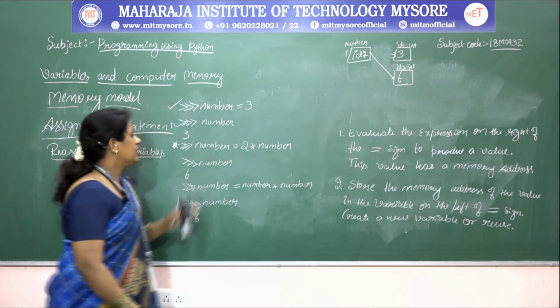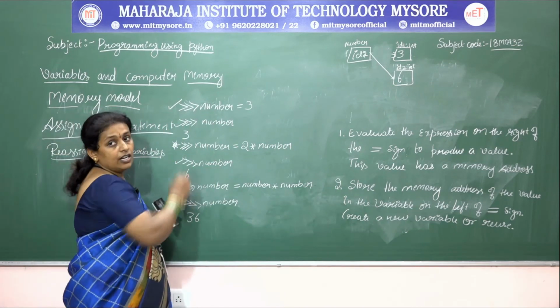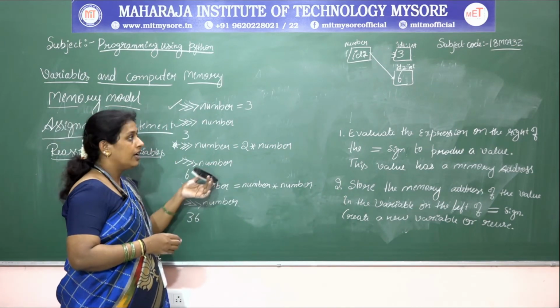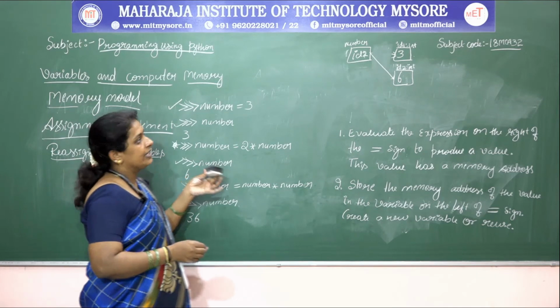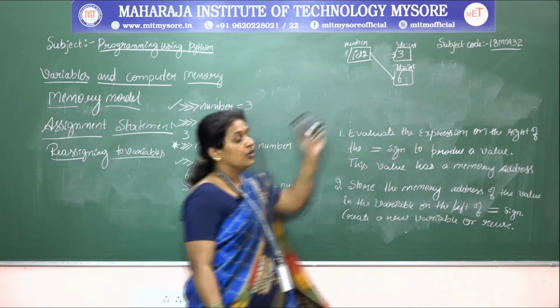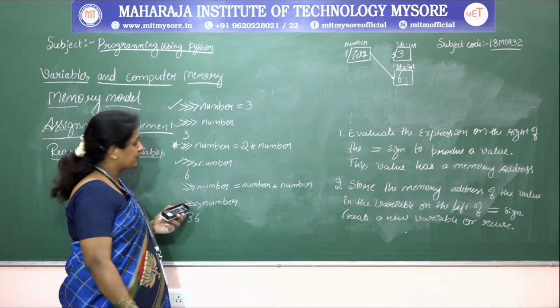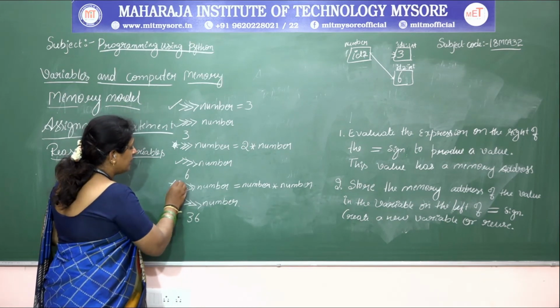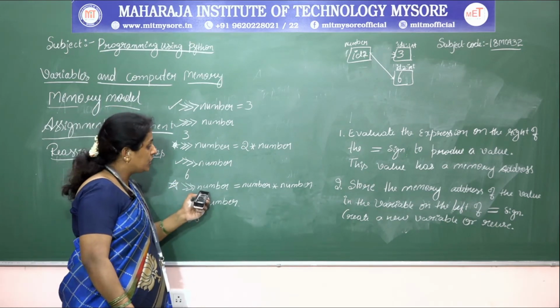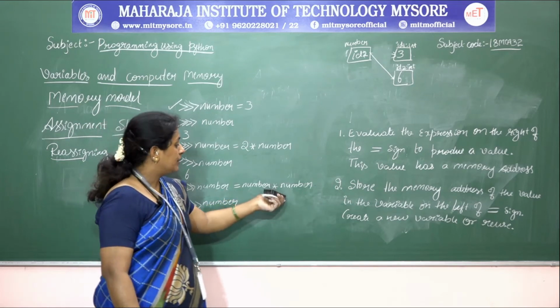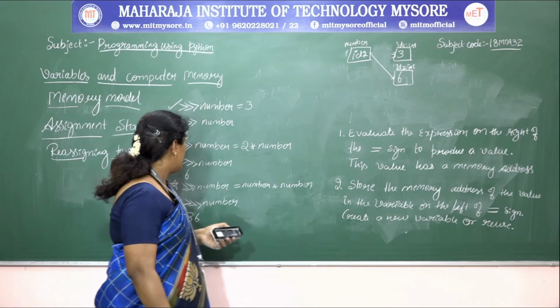Okay. So after that, it is just going to display the content of the variable number, and this number will contain the value 6, so that will be displayed here. Then this statement will get executed, number equal to number multiplied by number. Okay.